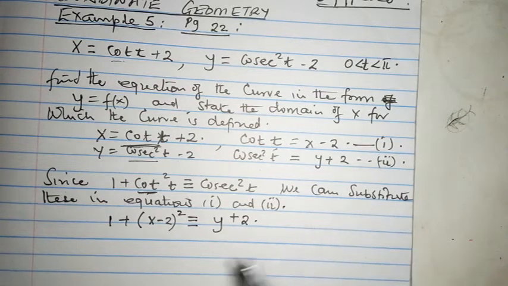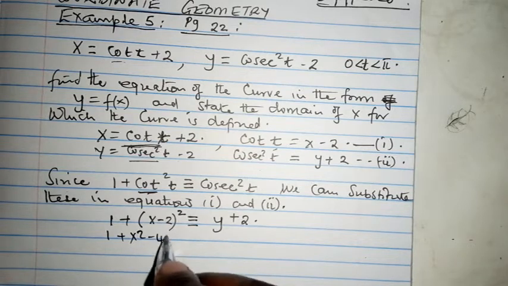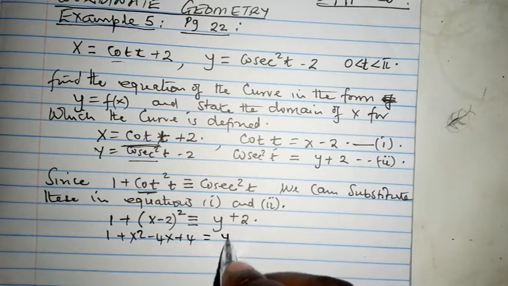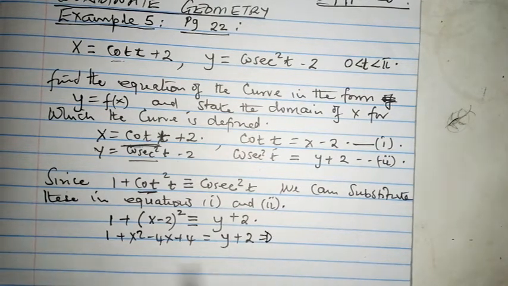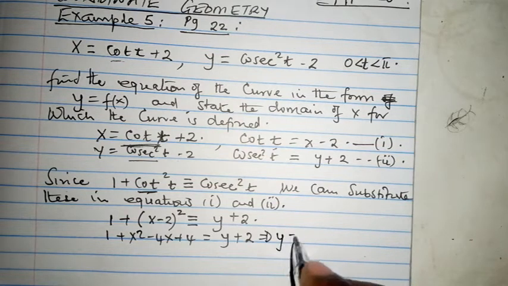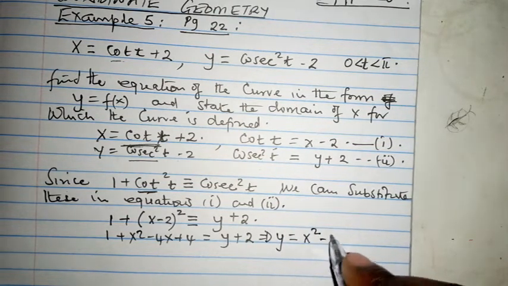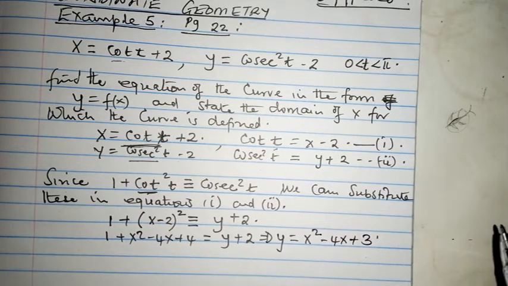The only thing we need to do here is expand the bracket: 1 plus x squared minus 4x plus 4 equals y plus 2. If we rearrange and clean this a little, y equals x squared minus 4x plus 3.